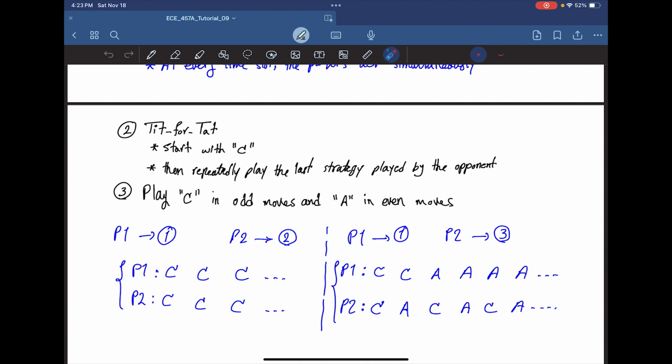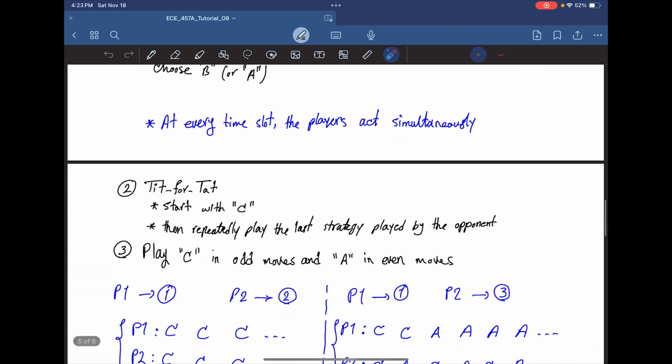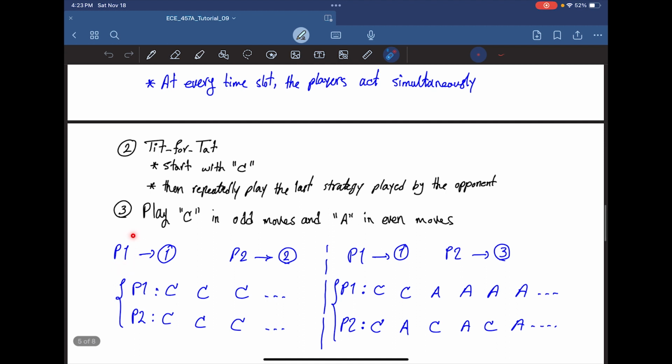And we can find the summation of these actions for both of them. It will be equal because both are playing this cell and they get 10 in each time slot, in each step that they move forward. So it doesn't matter if player 1 plays strategy number 2 and player 2 plays strategy number 1.